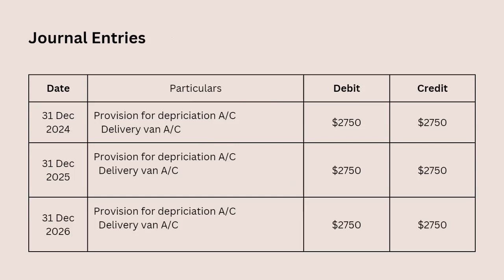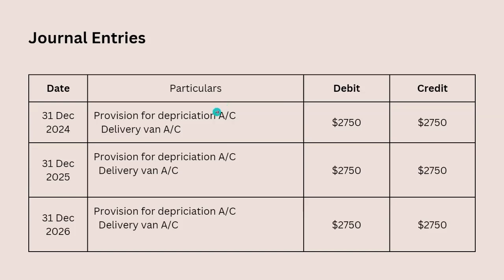If I buy one more delivery van, it would be debit because assets are always debit. But here, since I'm reducing it, it would be credit, and expenses are always debit, so I'm going to have depreciation. Provision for depreciation seems to be a really fancy phrase. You can always use just depreciation, but I have used provision for depreciation here.